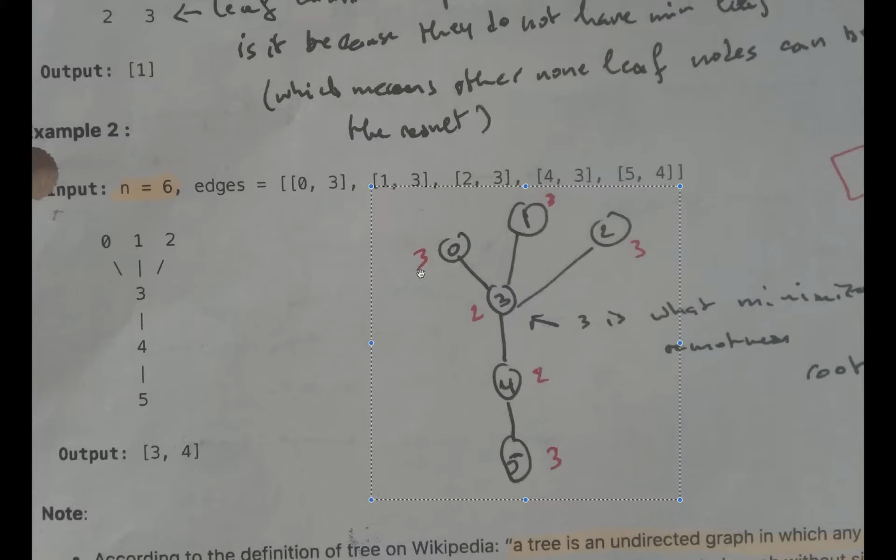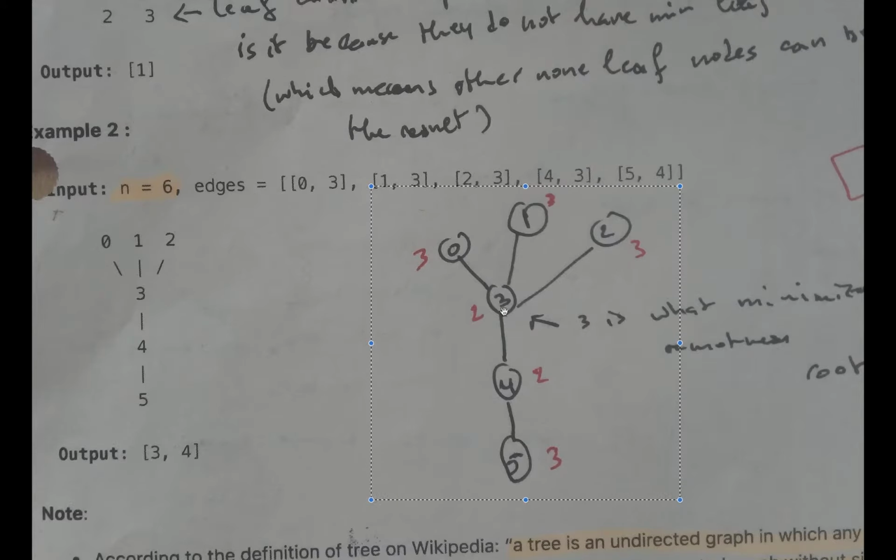Same thing for 2 and 0. But for 3, the remoteness is just 2. The furthest node from it is 5. For 4, the furthest nodes from it are 0, 1, and 2, and all of them have distance of 2 from it, right? So we can see 3 and 4 have the same remoteness value, which is 2.